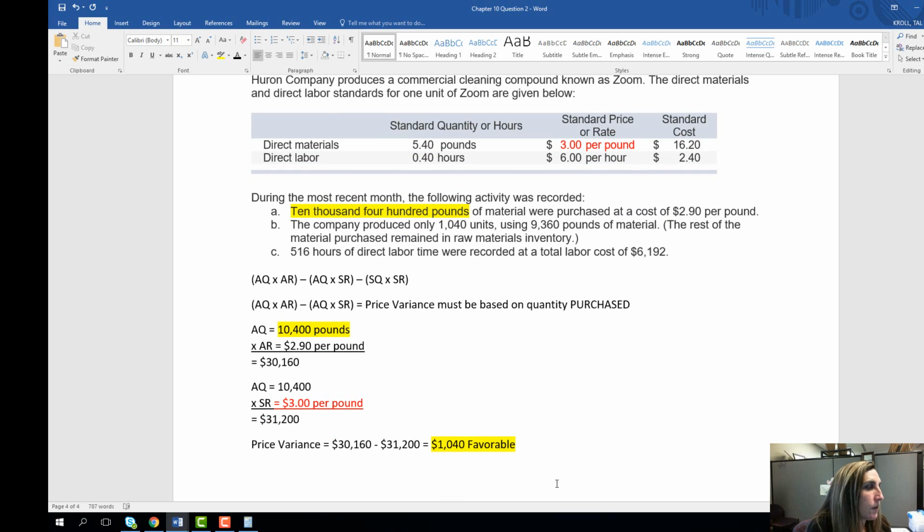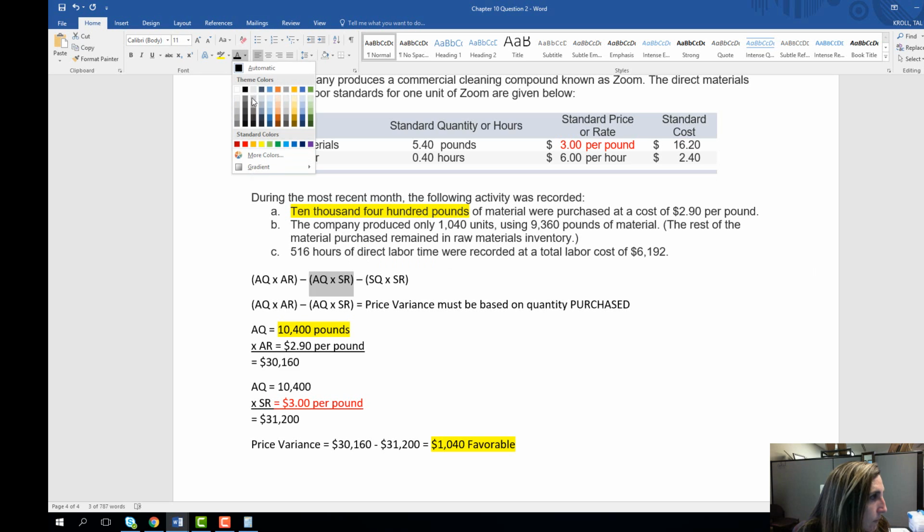So when you go to calculate the quantity variance, you cannot start this problem from the actual quantity of 10,400 pounds, because the quantity they used was different. The quantity that the company used, it says they produced only 1,040 units using 9,360 pounds. So we have to recalculate this middle right here. I'm going to highlight it and copy it.